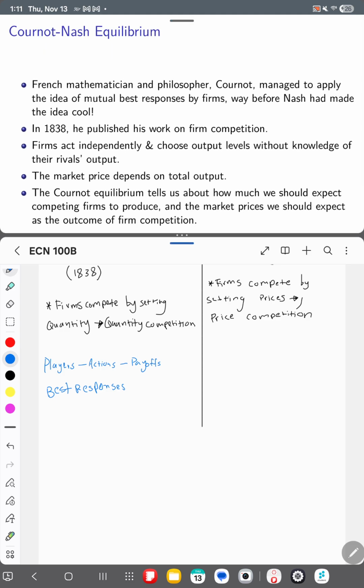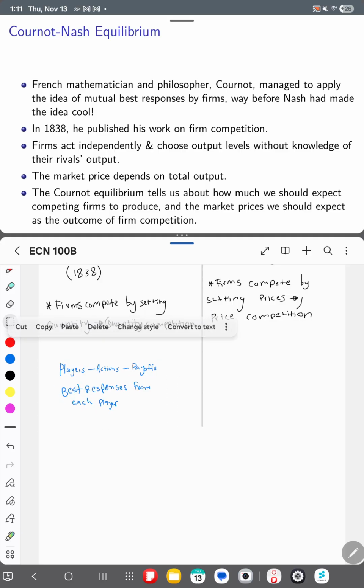This idea is also going to be reflected in Cournot and Bertrand's idea of how to think about firm competition. So they somehow managed to think of things very similar to Nash, even though they were way ahead of him. So it's quite likely that Nash might have derived some of his ideas from reading the book.